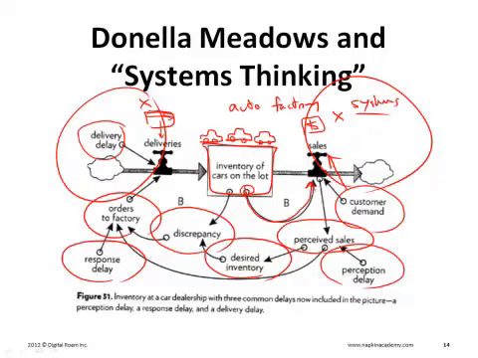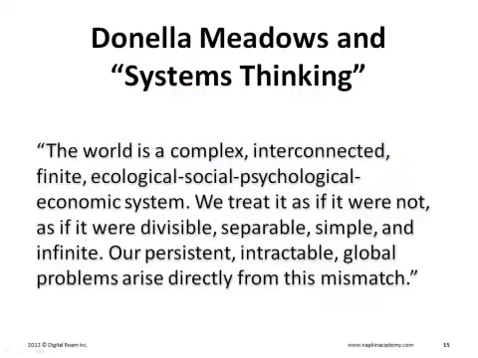Now, Donella and her team started to create models that showed this sort of ebb and flow of economics and resources around the world. And one of the things that Donella came away from in the end was this. The world is a complex, interconnected, finite, ecological, social, psychological, economic system. Hence, systems thinking.